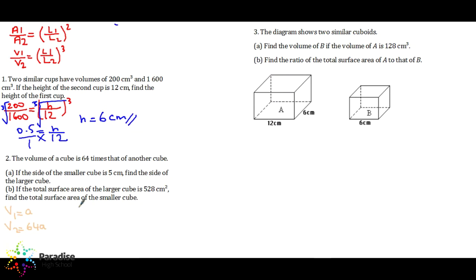So if I write the ratio between the volumes, a over 64a, that will be equal to, okay, where do I write, what is the ratio between the sides? 5 centimeters is the side of the smaller cube, so the smaller volume is here, then I write 5 here, and we don't know the side of the other larger cube, that's going to be cubed here.